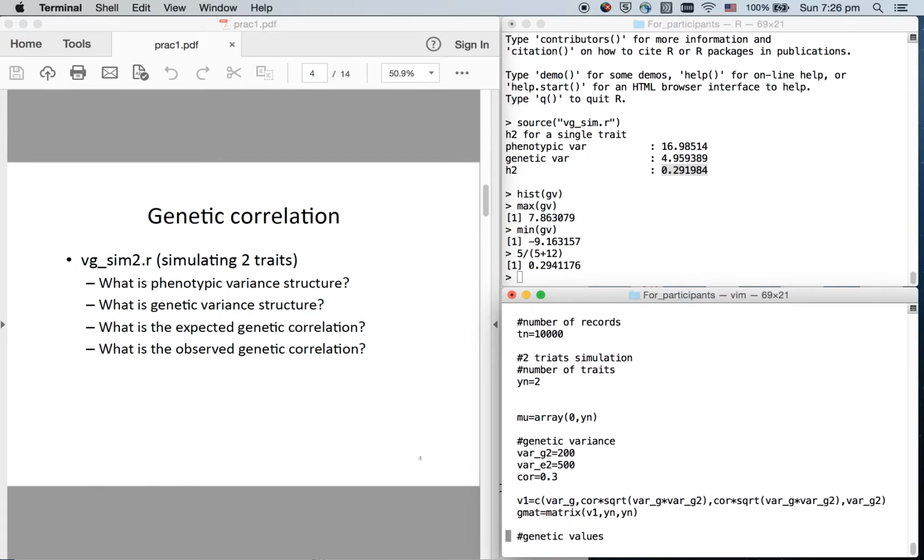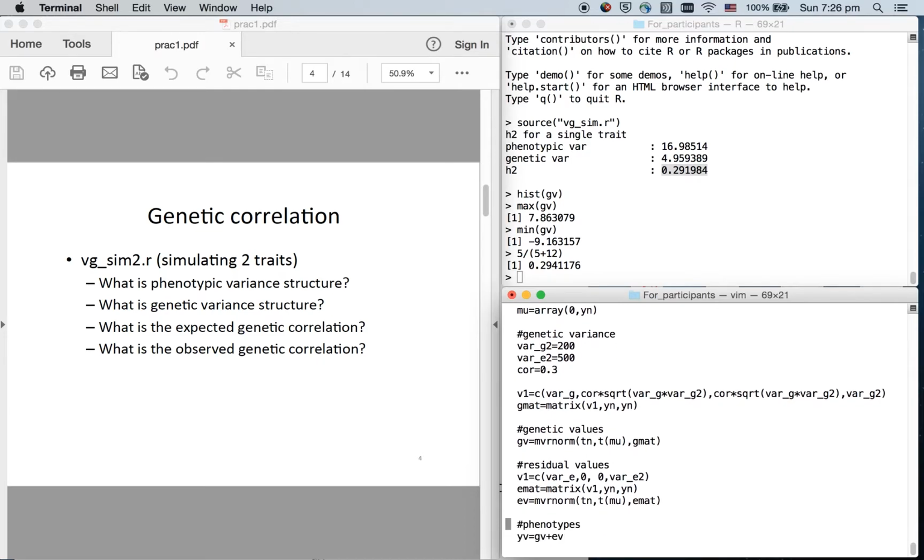For the first trait we assign 5 for the genetic variance and 12 for the residual variance. Now for the second trait we give a genetic variance of 200 and a residual variance of 500.